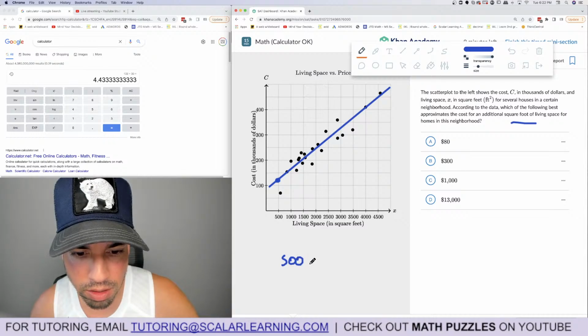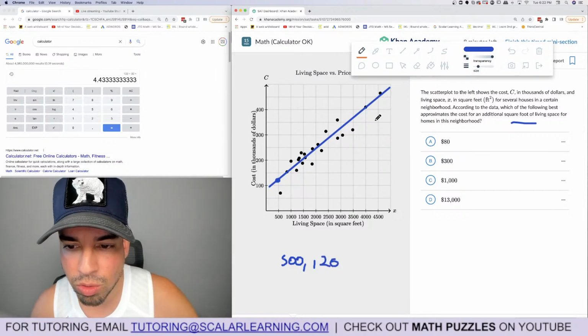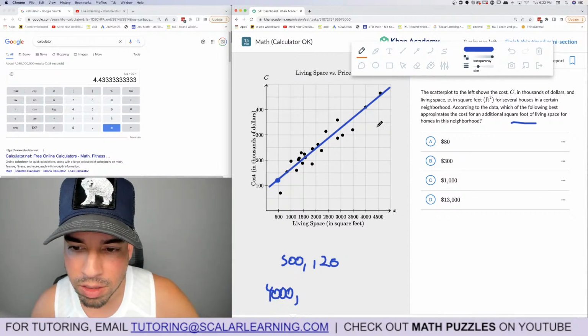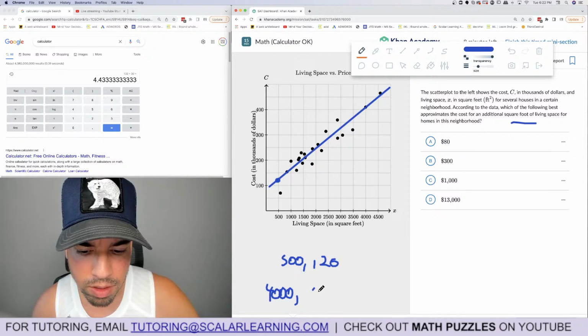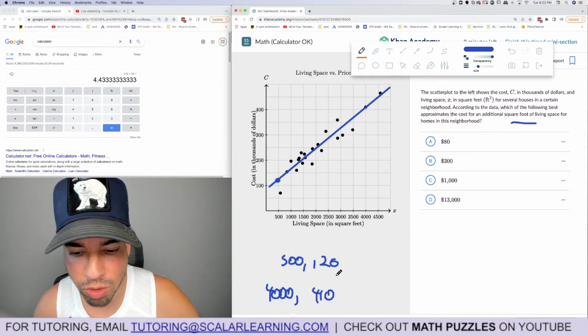500 and is like 120,000 maybe. And then we do 4,000 is 410 maybe. So basically what they're saying is additional square foot, so it's slope.